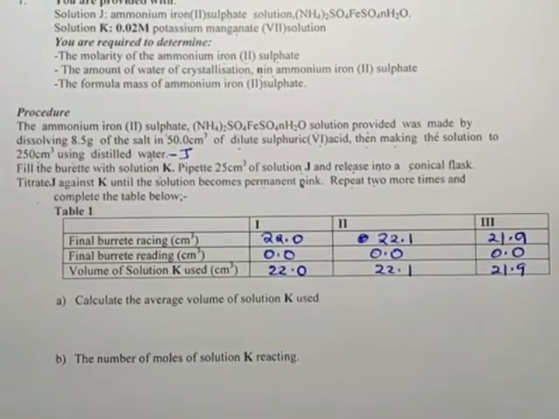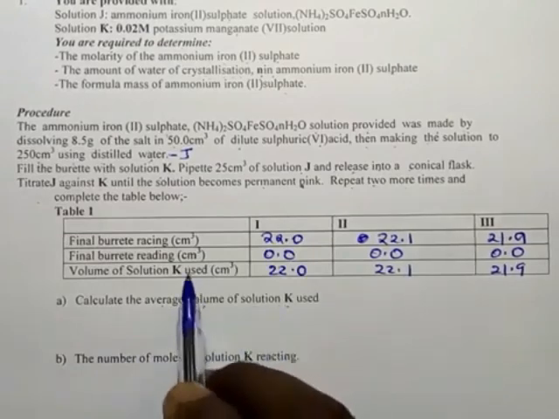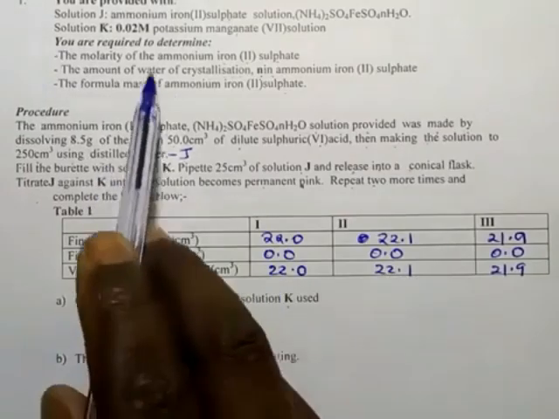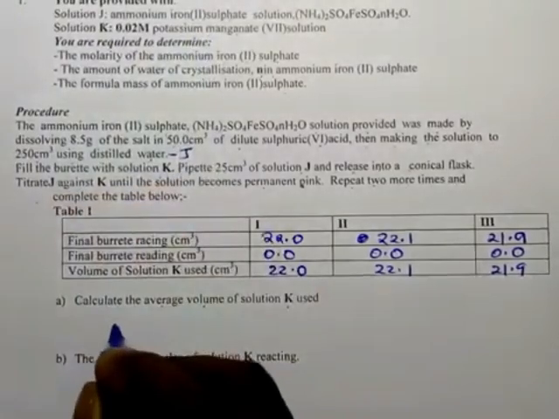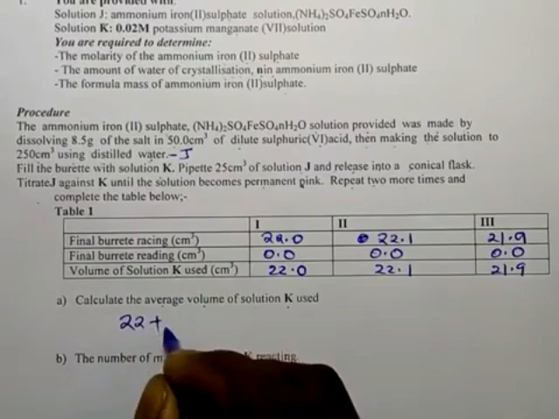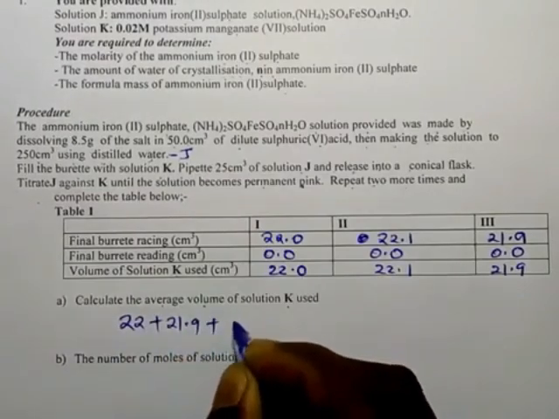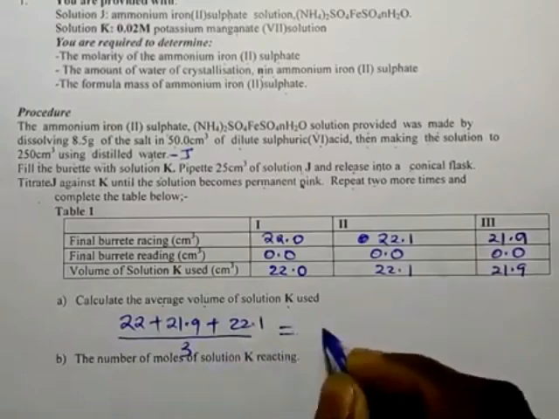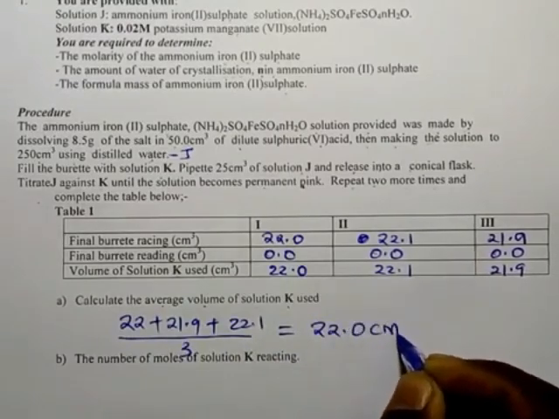Let us go straight and get the average volume. Calculate the average volume of solution K. Remember, solution K is potassium permanganate. So the average is 22.0 plus 21.9 plus 22.1, divided by 3. This is going to give us 22 centimeters cube.